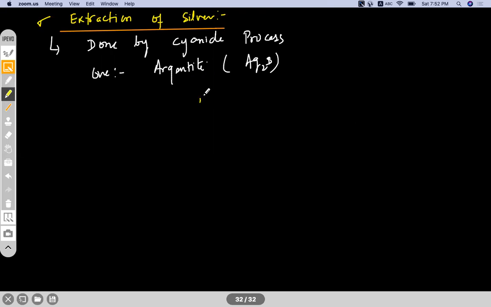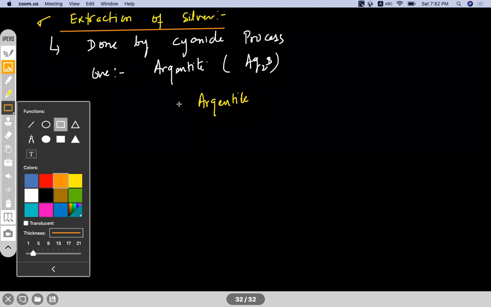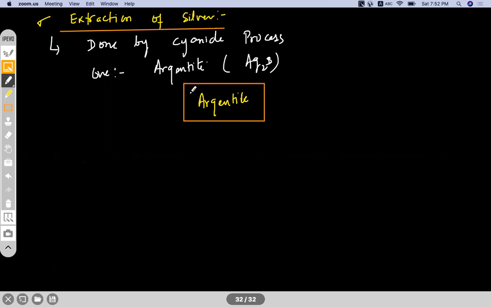Okay, so we'll take the argentite ore. Grinding is done. We'll take the fine powder of it and allow this to go for the concentration of ore. The concentration or dressing of ore is again done here by the froth flotation process.